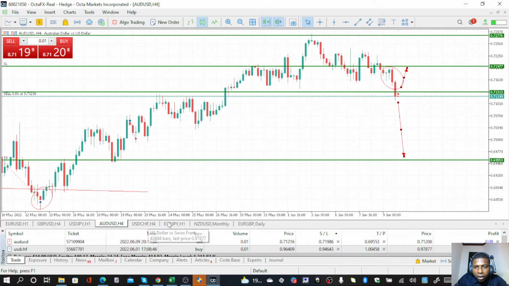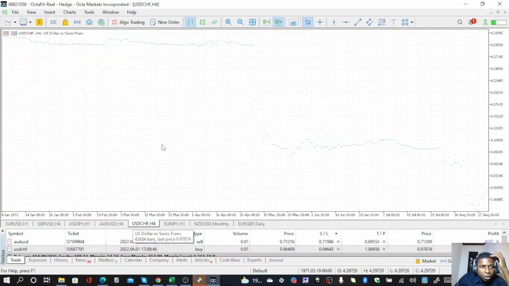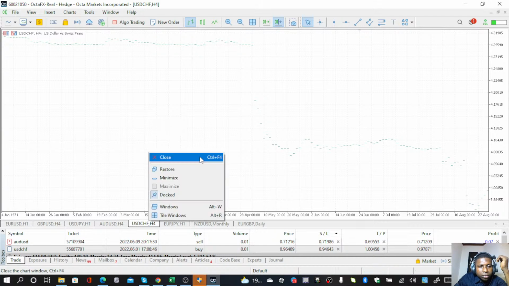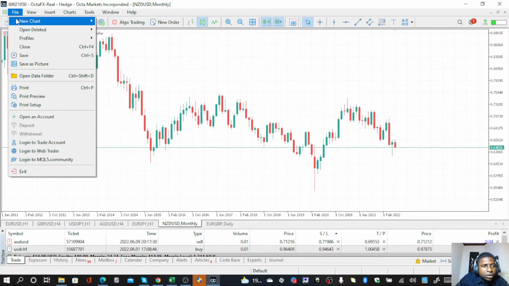Let's look into it. The order that was set on USDCHF was actually coming. Let's see if we can add a new chart, USDCHF.